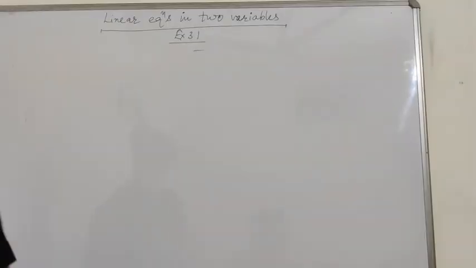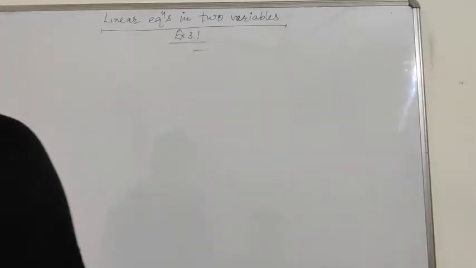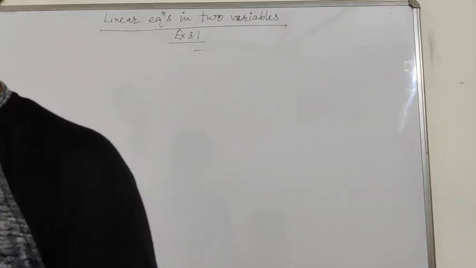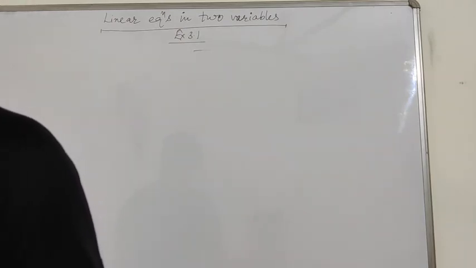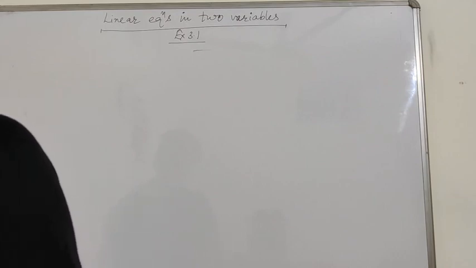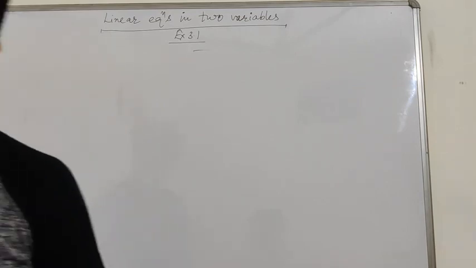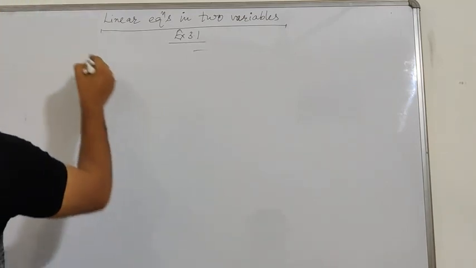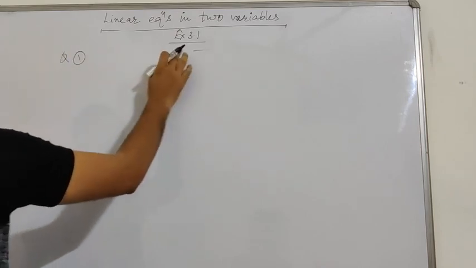Now come to your exercise 3.1, and the question is: Aftab tells his daughter, 7 years ago I was 7 times as old as you were then, and also 3 years from now I shall be 3 times as old as you will be. Represent this situation algebraically and graphically. Now here two persons are there.